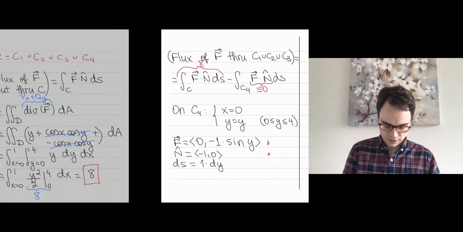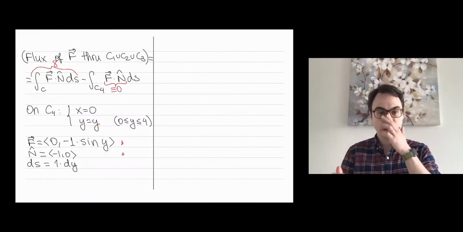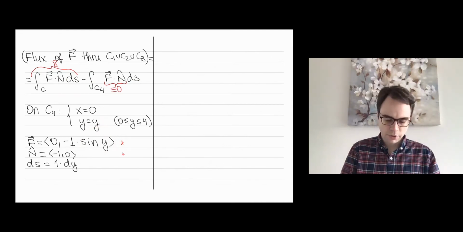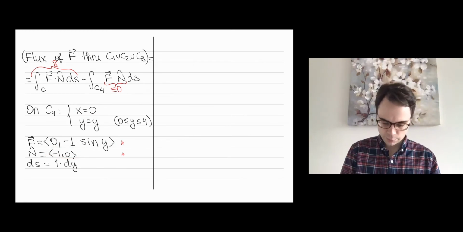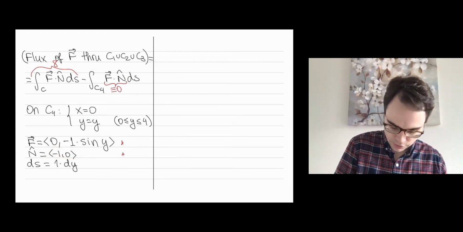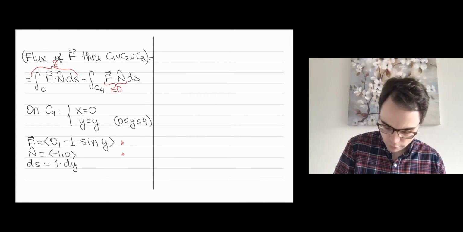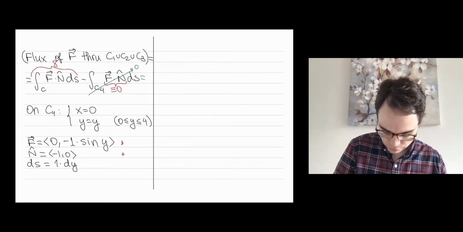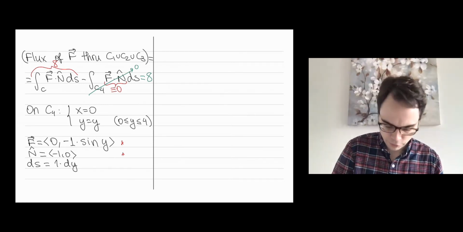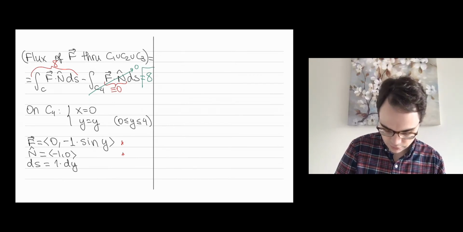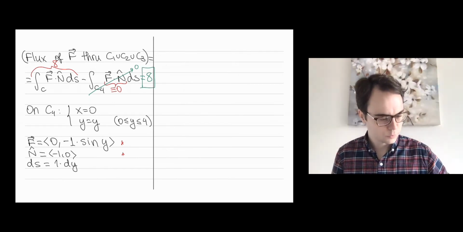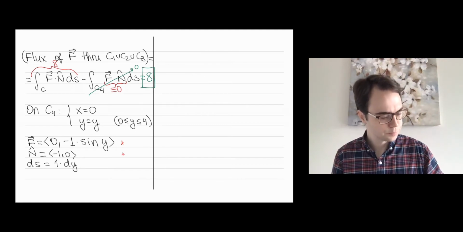There's a sign there, so it could be positive or negative, but in any case, it's always a multiple of the vector j, whereas n is a multiple of i, so the dot product is always 0, and so the integral over the side C4 is just 0. And so the integral for the first 3 sides is the same as the integral over all 4 sides, that's 8. So that's the answer for the second part of this problem as well.